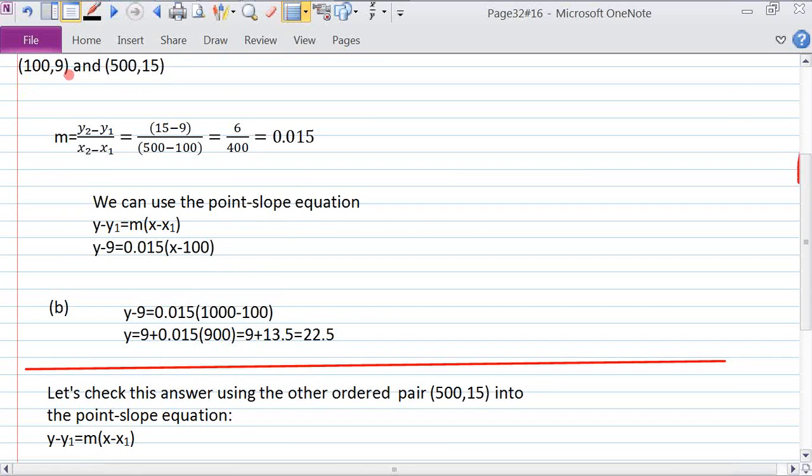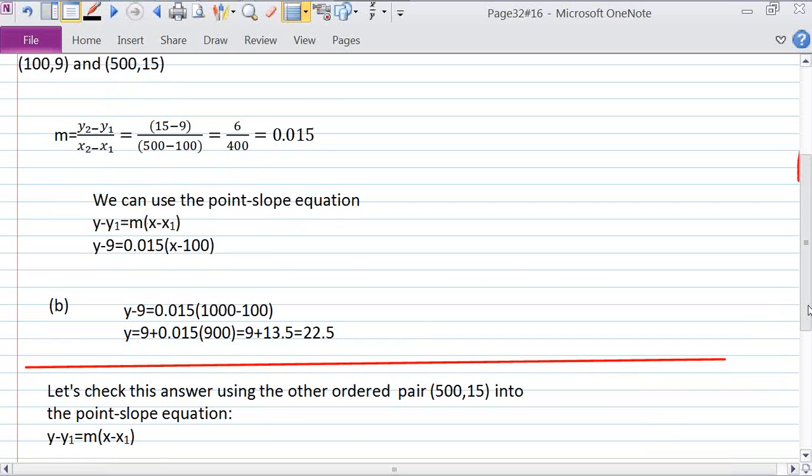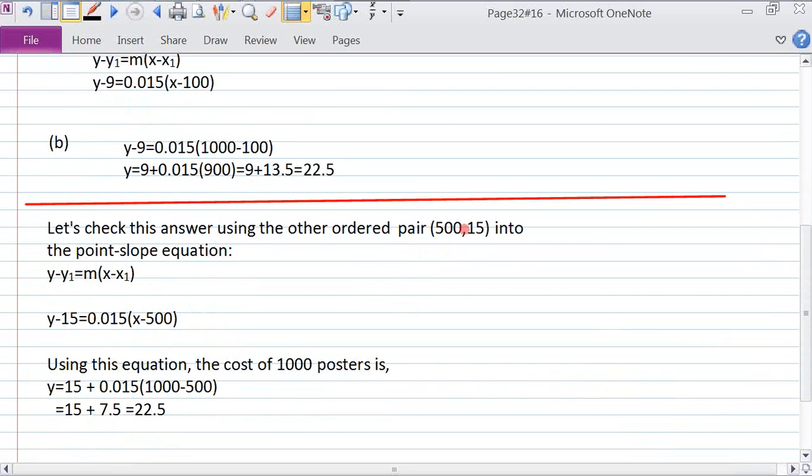Now, as I said over here, instead of using this ordered pair to generate the equation, I'm going to use this one in this case. I'm going to use the same slope, but I'm going to substitute 500 and 15 just to see what happens. So, y minus 15, because my y1 is 15. My slope is still 0.015, x minus 500, because there's my x1.